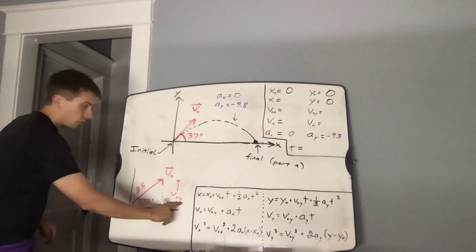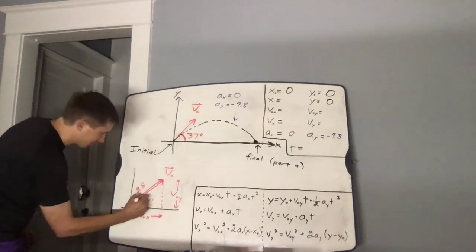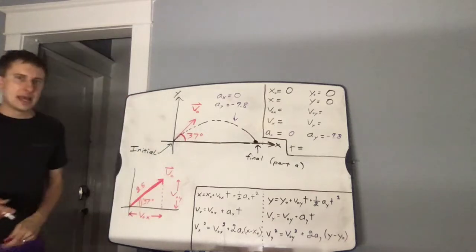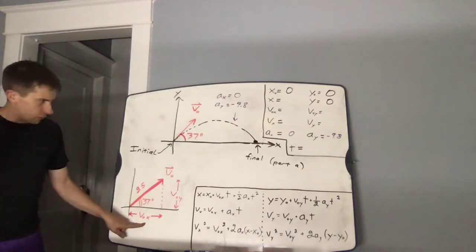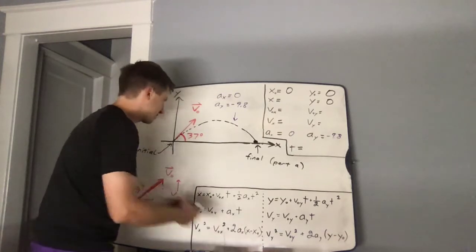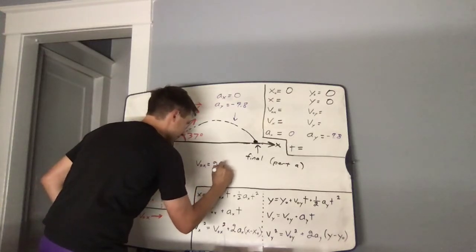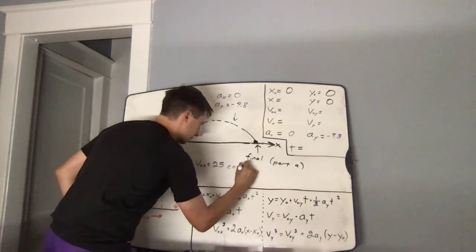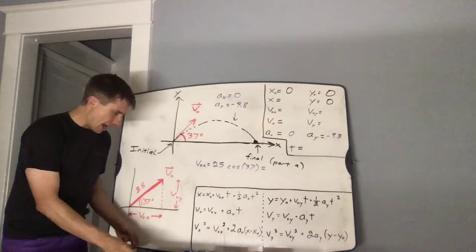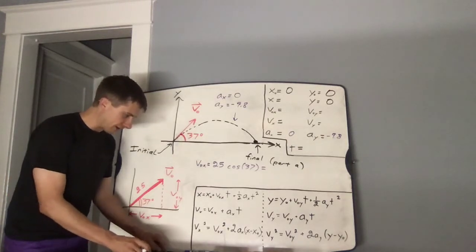This v0 x and v0 y, the components of my initial velocity vector, are the same thing as this v0 x and v0 y. So I could use what I know from breaking a vector into 2 components, where I could say v0 x is equal to 25 cosine 37. And if I plug that number into a calculator, I get 20 meters per second.